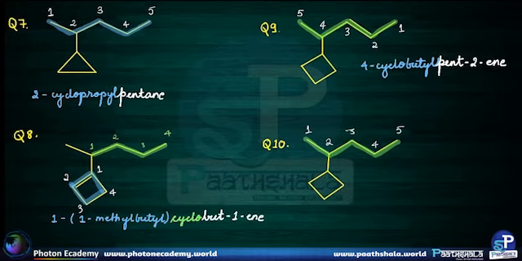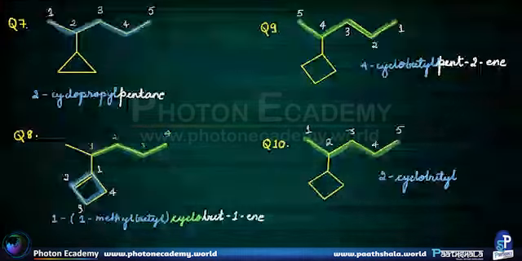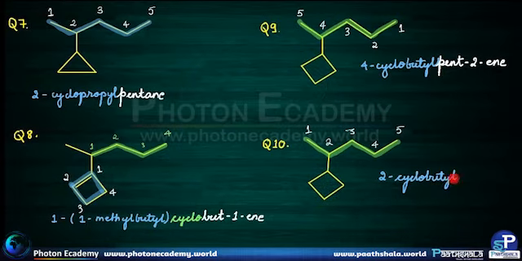So, the prefix for this compound will be 2-cyclobutyl because there are 4 carbon atoms present in the cyclic ring. So, the name for this is butyl. So, 2-cyclobutylpentane. This is the correct IUPAC name for this compound.